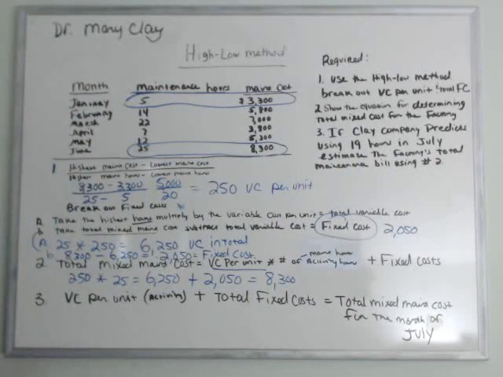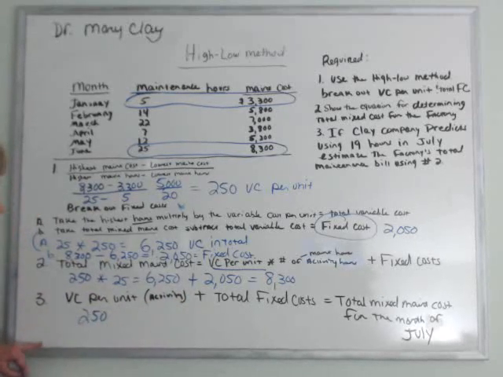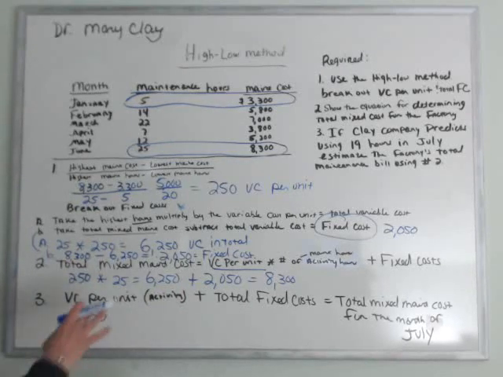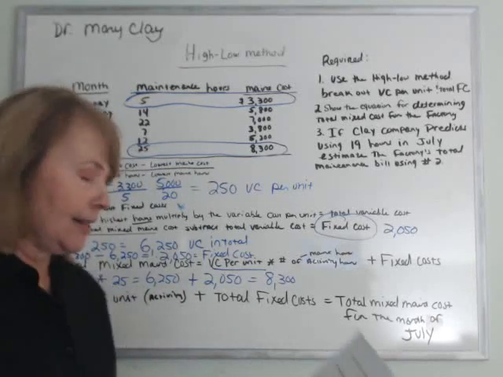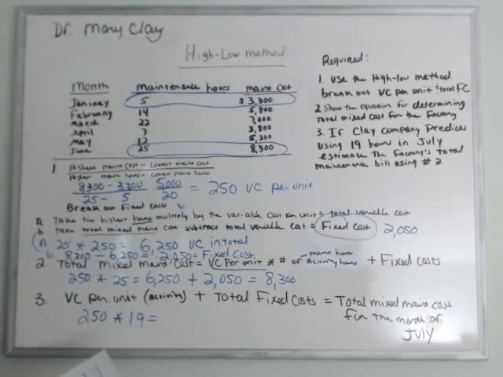We're going to take the variable cost per unit, 250. However, I'm going to change this. Now I'm saying it's 19 hours. So we're going to take 250 times 19. Remember, this is just an estimate. We're just kind of predicting.